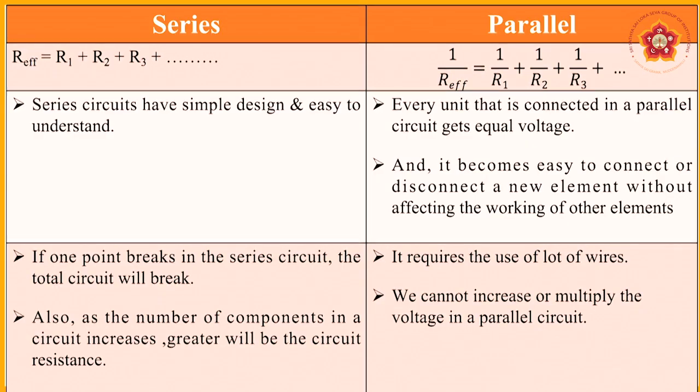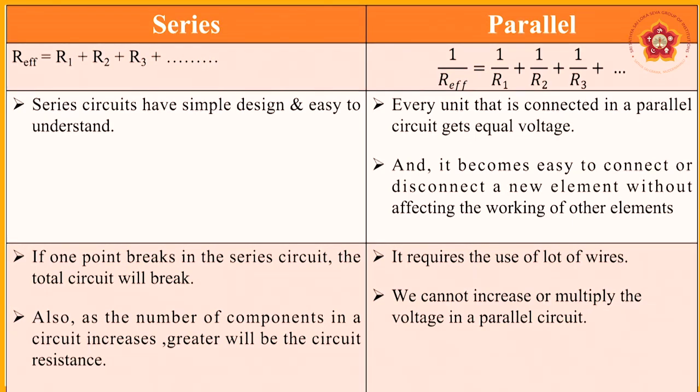The first one is known to us because in the previous lecture we derived the effective resistance in series, which is nothing but the sum total of the individual resistors, and in parallel we know how to arrive at the effective resistance: 1 by R effective is 1 by R1 plus 1 by R2 and so on, as many resistors as there are.